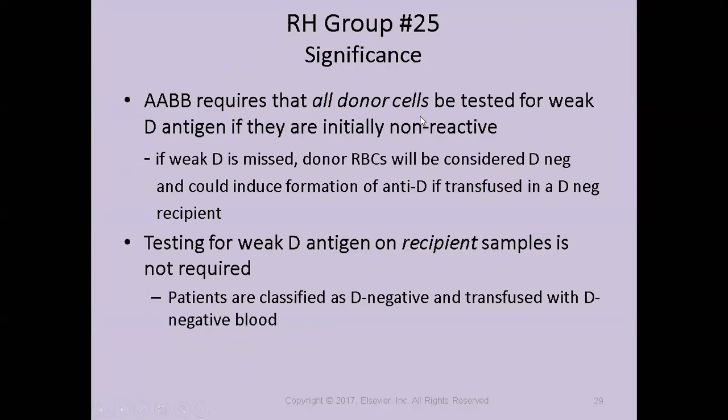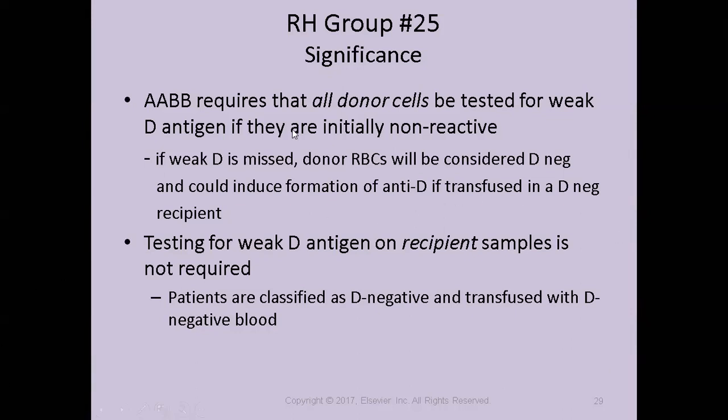So what's the significance? The American Association of Blood Banks requires that all donor cells be tested for weak D antigen if they initially type as RH negative on forward typing. Okay? Now, here is some important stuff about this. All donor cells. So if you're working at the Red Cross or another blood donor center, they absolutely have to test each donor who initially looks like RH negative for weak D. Why?